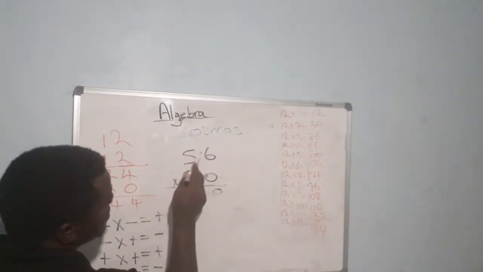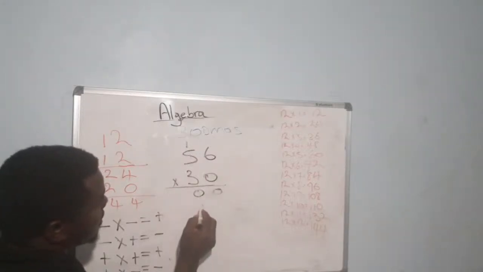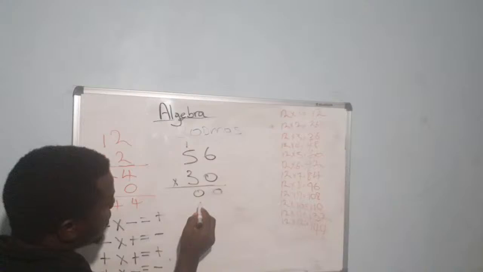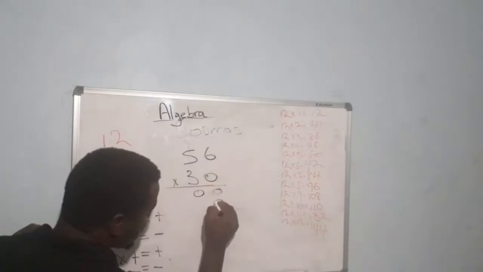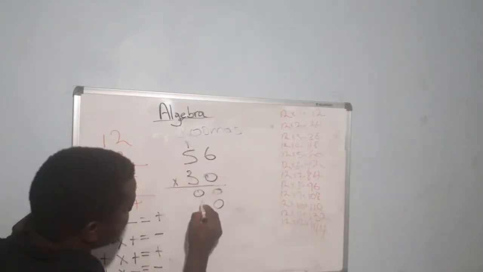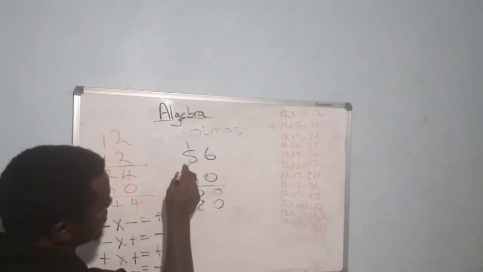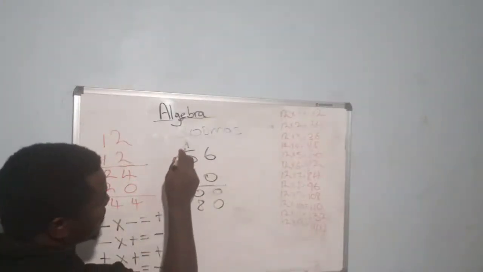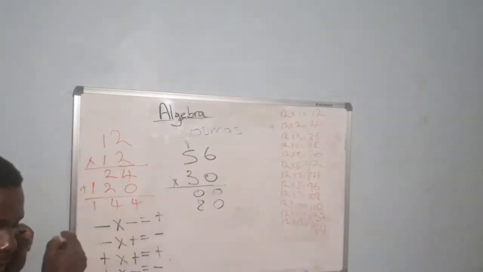So 3 times 6 is 18. Bring the 1, remember. Sorry, moving a bit too fast. You add a 0. 3 times 6 is 18. And 3 times 5 is 15 plus 1 is 16.